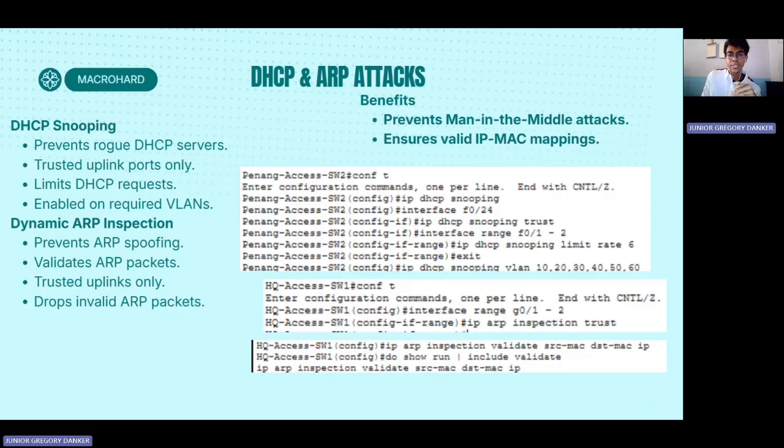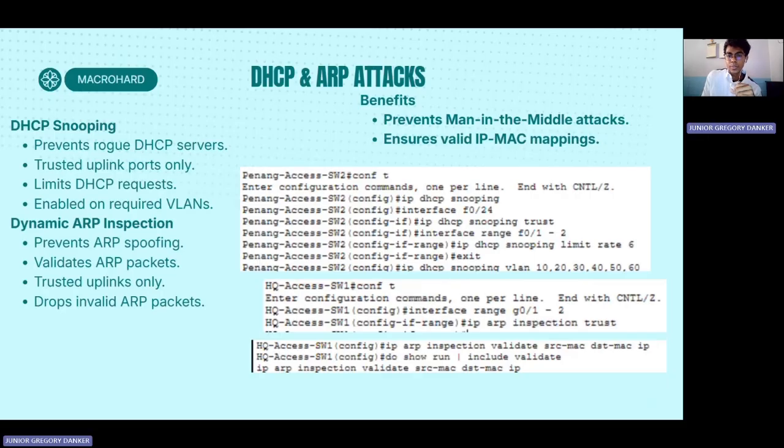For the configuration, IP DHCP snooping is configured in global configuration, and on trusted interfaces, IP DHCP snooping trust is implemented. For any end device access ports, we use IP DHCP snooping limit to limit it to 6 per second.